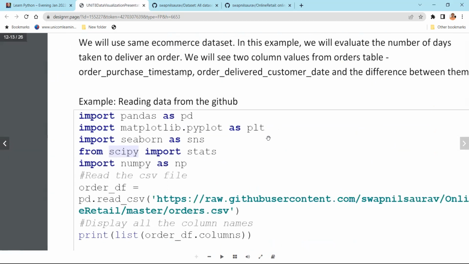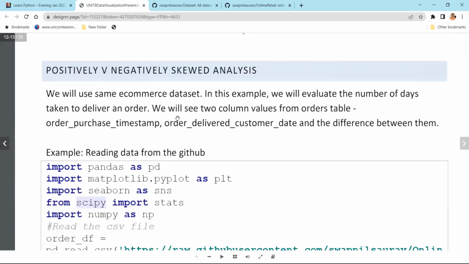Then second, we're talking about positively and negatively skewed graphs. What is a positively and negatively skewed graph? We discussed this before, right? We remembered the bell-shaped curve.